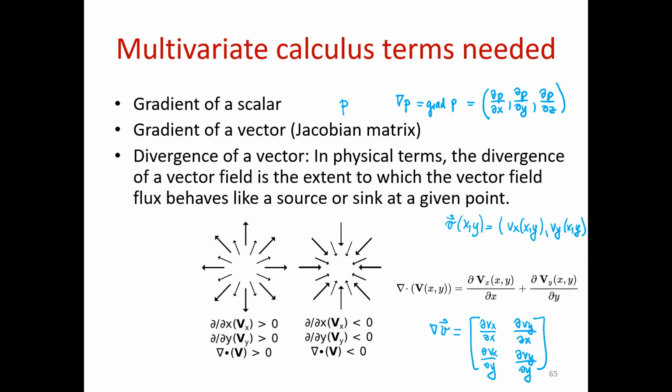Another way to look at that is that in my first row, I have derivatives with respect to x of Vx and Vy. And in my second row, I have derivatives with respect to y of both Vx and Vy. The way we assemble these matrices is I take coordinate function by coordinate function for my vector field and do the gradient on them and just stack them together. Just think about that. So your first column is your gradient of Vx and the other one is gradient of Vy, if you ever need to remember.